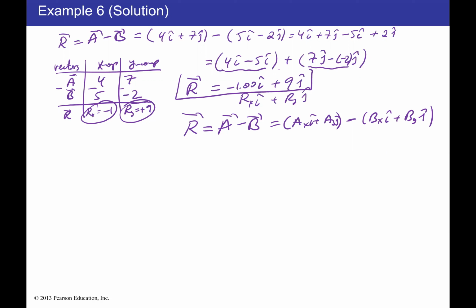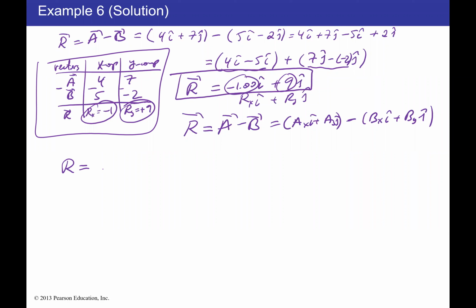That means we know that the r vector here is a two-dimensional vector. There's a negative x component, negative 1, for rx, and a positive y component, which is 9 for ry, which again we calculated from here as well. Then we also needed to find the magnitude and the direction of this vector.